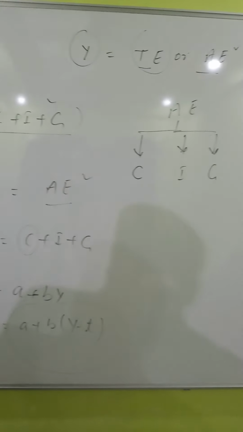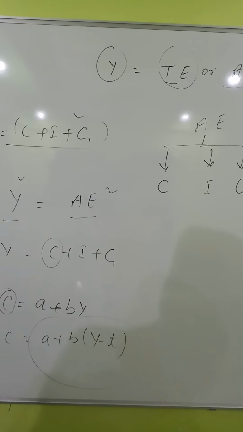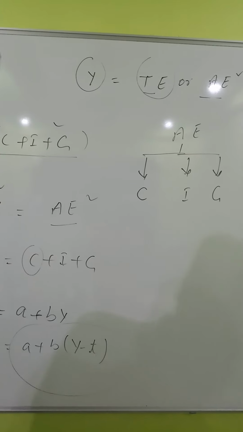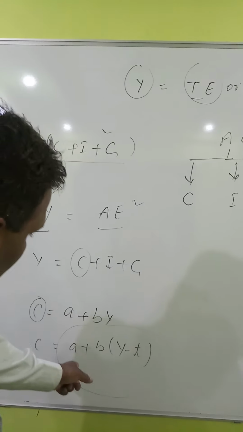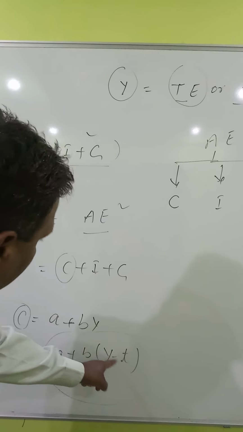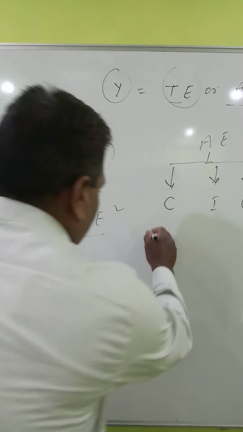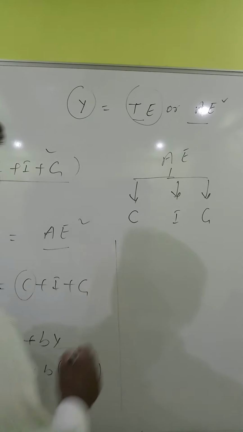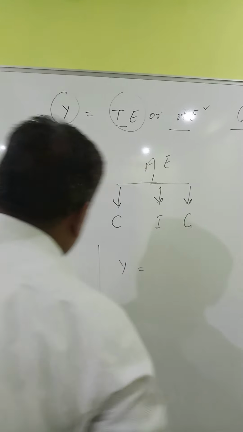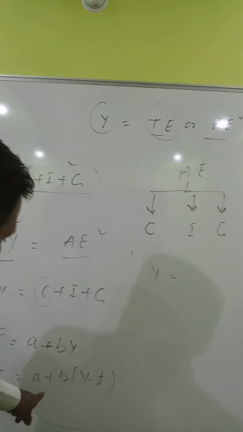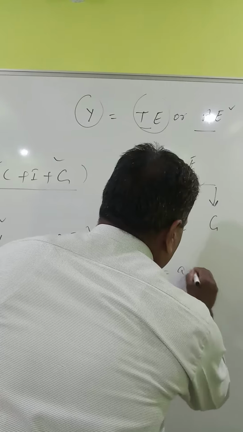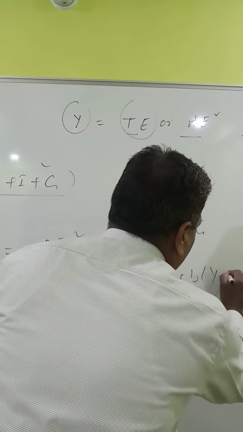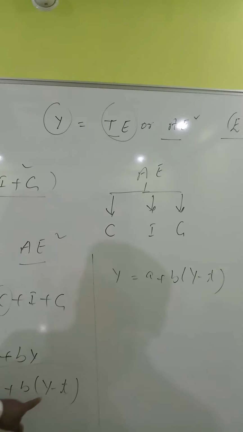Now, in order to find the equilibrium level of national income, my equation will be Y is equal to, now you can easily replace C with a plus b into (Y minus T).